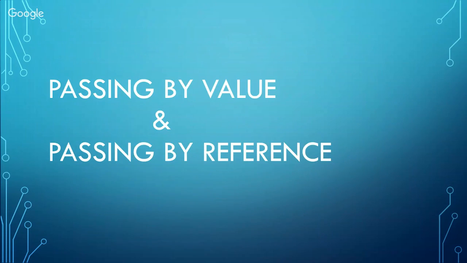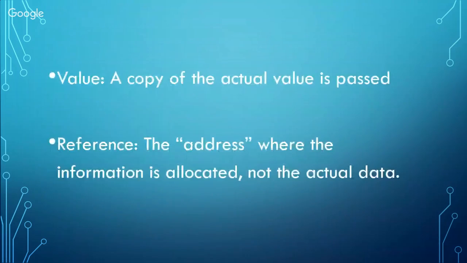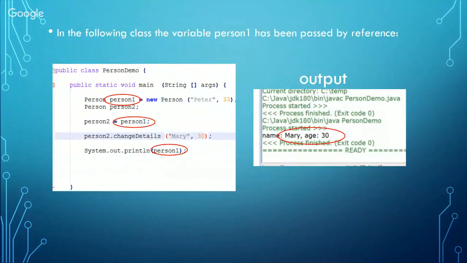So now I'm going to explain the difference between passing variables by value and passing variables by reference. When you pass a variable by value, you pass a copy of the actual value. And when you do it by reference, it means that you're only passing the address where the information is allocated, but not the actual data. For example, in this person demo class, the variable person1 has been passed by reference.